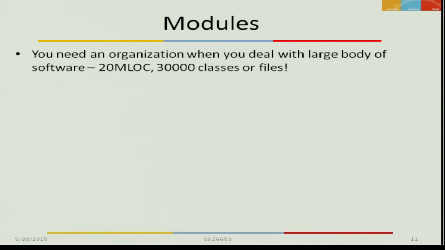You need an organization when you're dealing with a large body of software, which may be 20 million lines of code, having 30,000 classes or files. You just can't have it in one directory. At least you need to organize them into meaningful modules. And as I am saying again, these modules will be related to the module structure that the architect has already created.